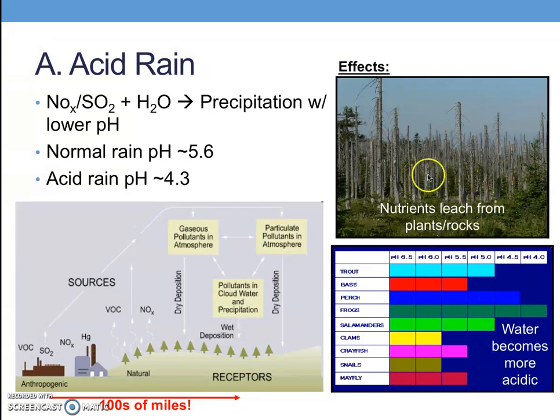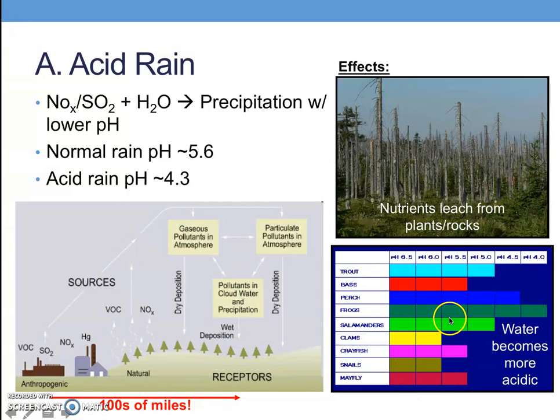Another thing that happens is that as acid rain falls into bodies of water, those bodies of water can become more and more acidic. And what we see here is, if you look at the left, we have pH 6.5. If a body of water has a pH of 6.5, which is close to neutral, we can have all of these different species living in that body of water. At pH 6.0, we're still okay.